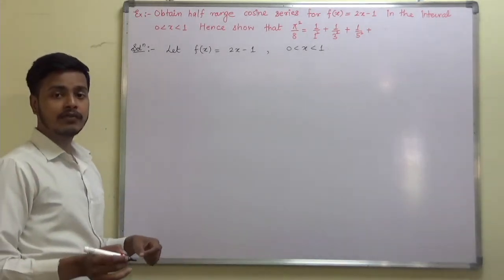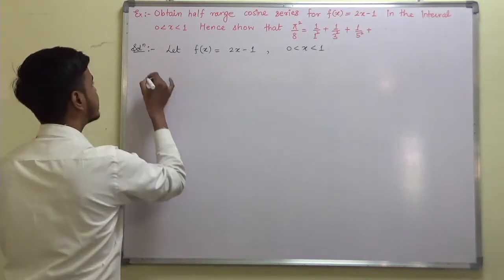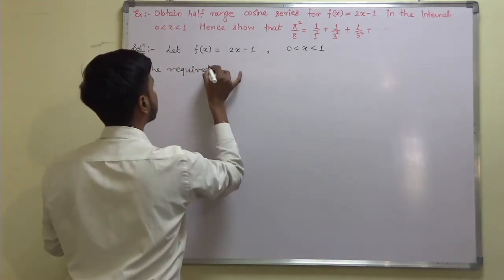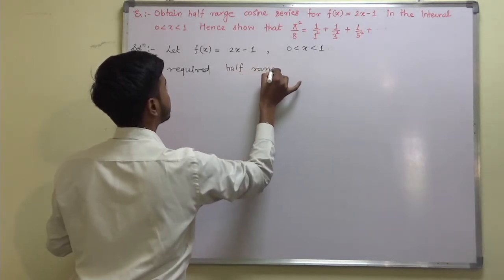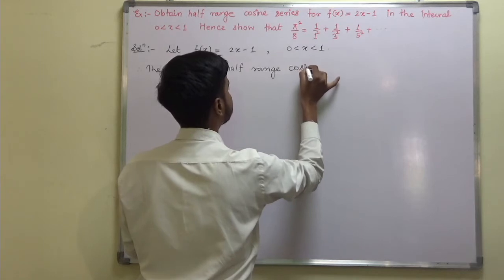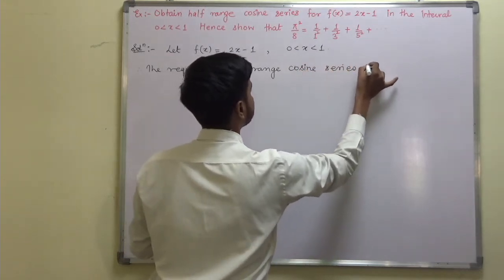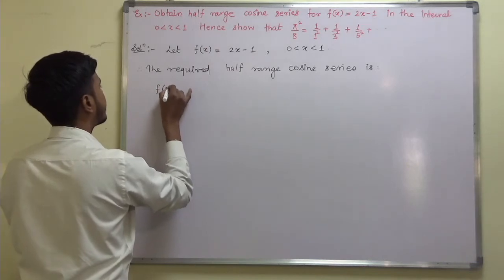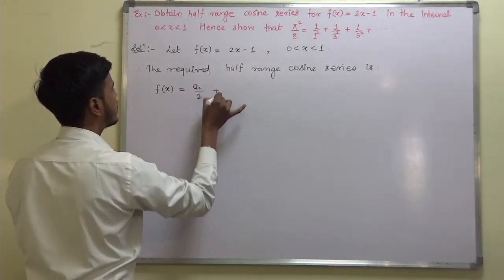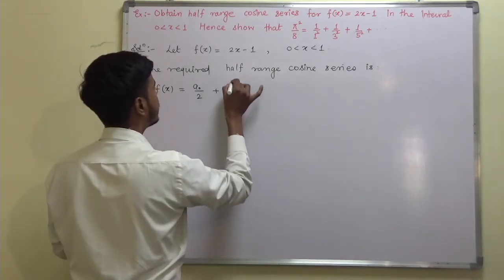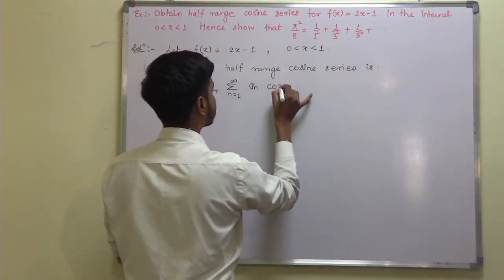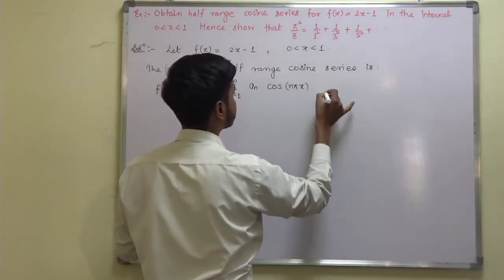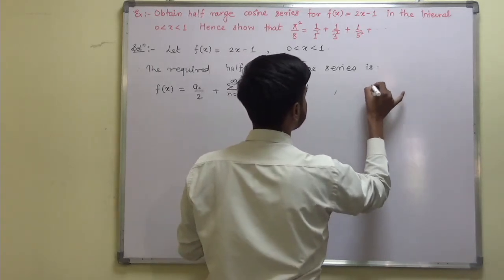Okay, now write down the Fourier cosine series. So the required half range cosine series is f of x is equal to a0 by 2 plus summation n is equal to 1 to infinity an cos n pi x by L. So here L is equal to 1, so here you can write cos n pi x, since L is equal to 1.